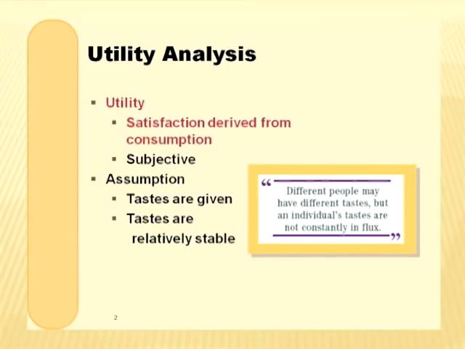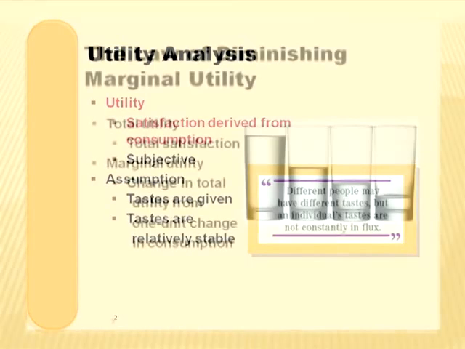In some cases, different individuals might have a need or a want for something that someone else would find they had no need or no want for. We're going to make the assumption that people have different tastes and that tastes are relatively stable, that they don't change much through time. They do change through time, but not at a very quick rate.